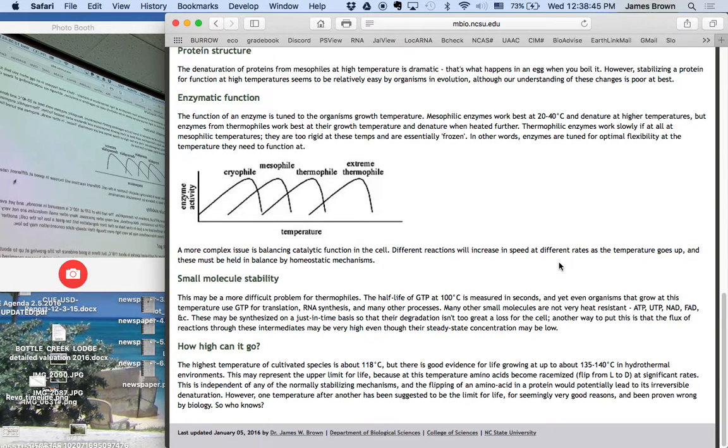There are reports of life as high as 350 degrees, almost surely not true. The best solid evidence is for life at about 140 degrees. If you take microscope slides and put them in deep sea hydrothermal vents at 140 degrees, things grow on them. You can't cultivate any of those creatures, but they seem to be living and growing at that temperature. Anything higher than that, and there's no evidence for it.